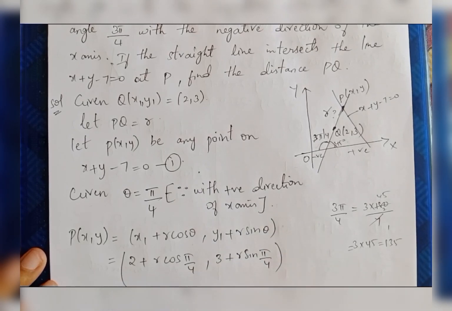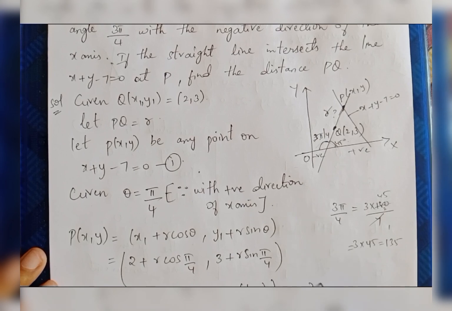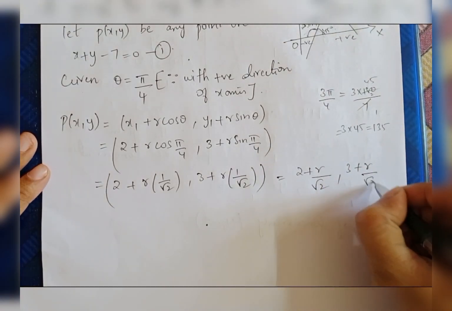Cos pi by 4 is 1 by root 2, and sin pi by 4 is also 1 by root 2. This can be written as 2 plus r by root 2 comma 3 plus r by root 2.